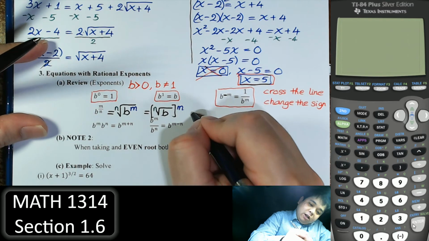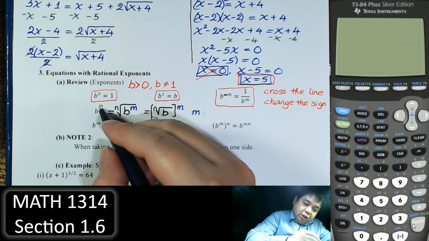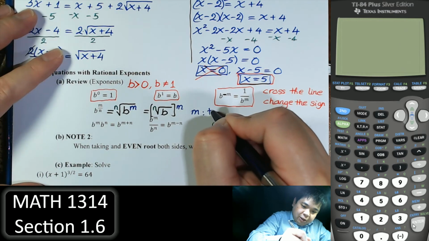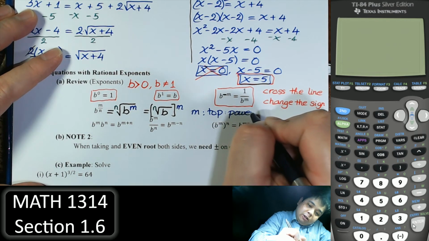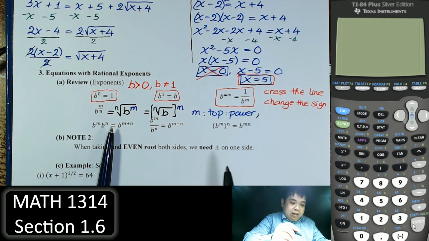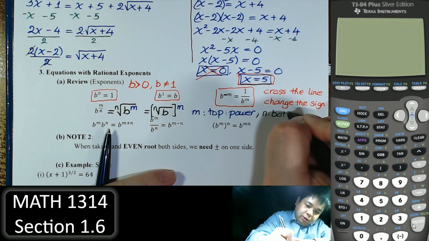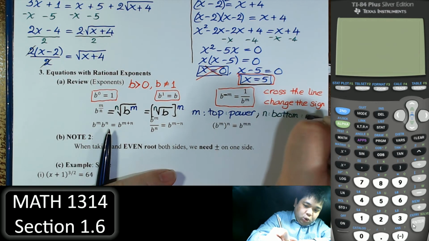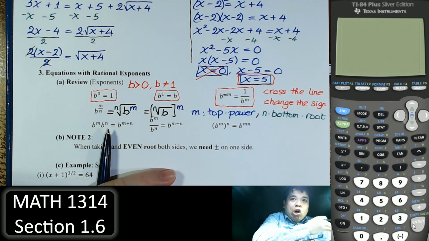So bottom line is M at the top is the power, and N at the bottom is the root. So power on top, root at the bottom.